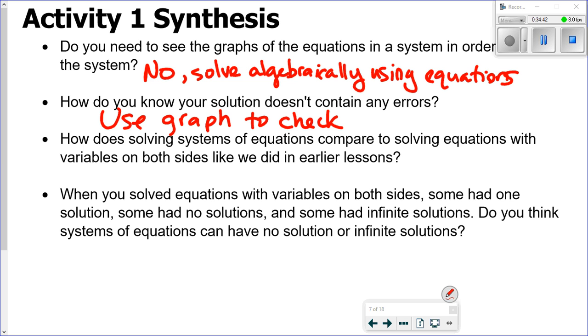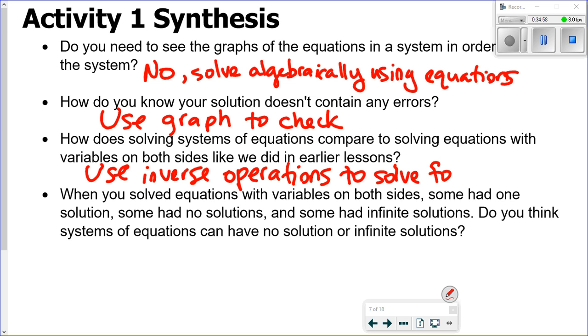And then you still use inverse operations to solve for x, just like you're used to doing. The new piece here is that you now also have to go back and find y. So you have to choose one of those original equations to substitute x in for and find your y value. So that's really the only new piece that's different from what we did earlier in the unit.